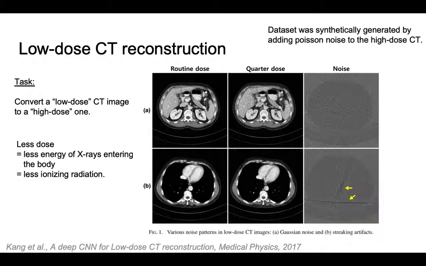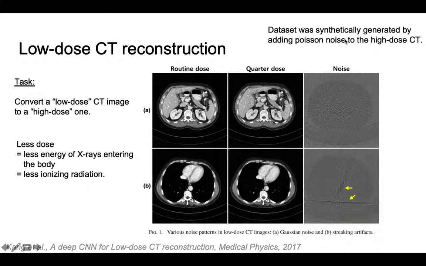So what low-dose CT is, is that you just send fewer rays into your body. You make your rays follow a Poisson distribution. If you hit 4 times fewer rays, then it's 4 times less radiation, so lesser X-ray energy enters the body, and it decreases the ionizing radiation.